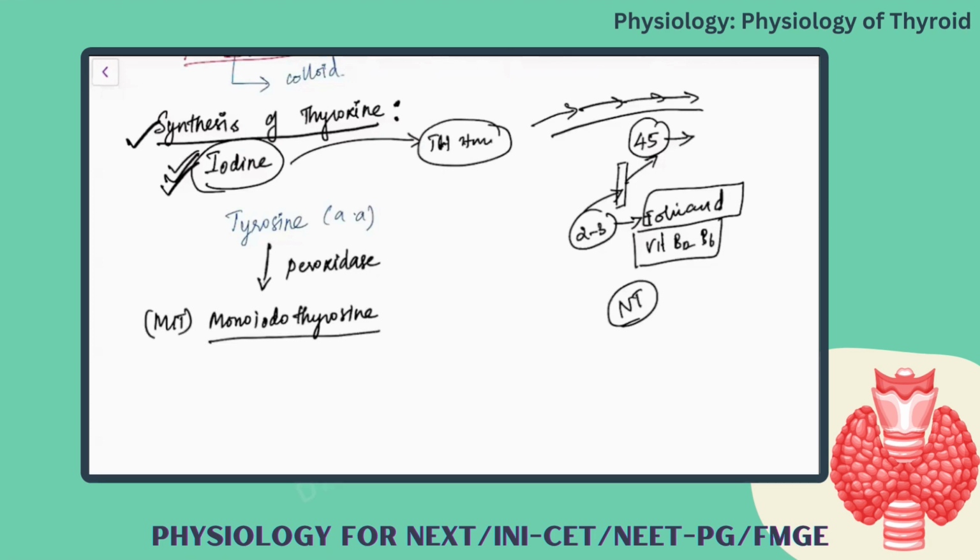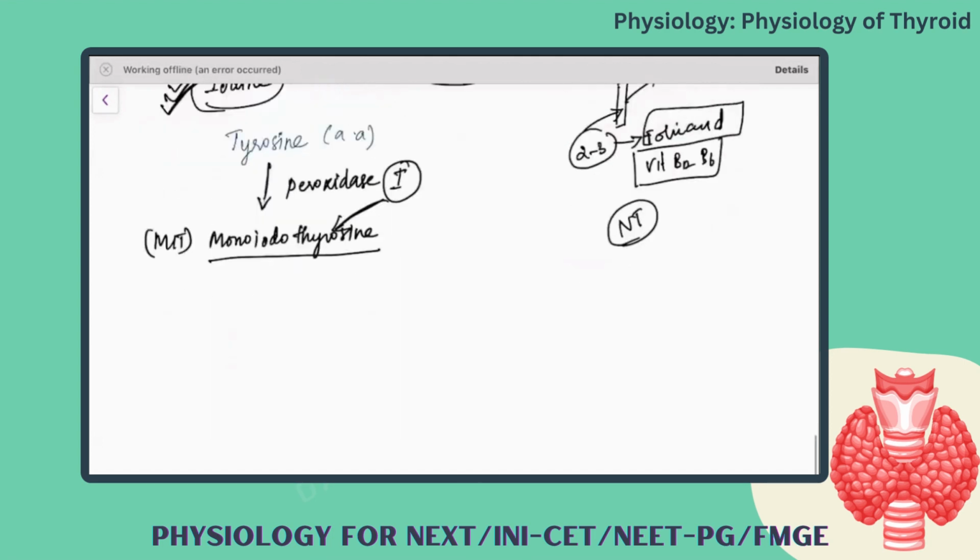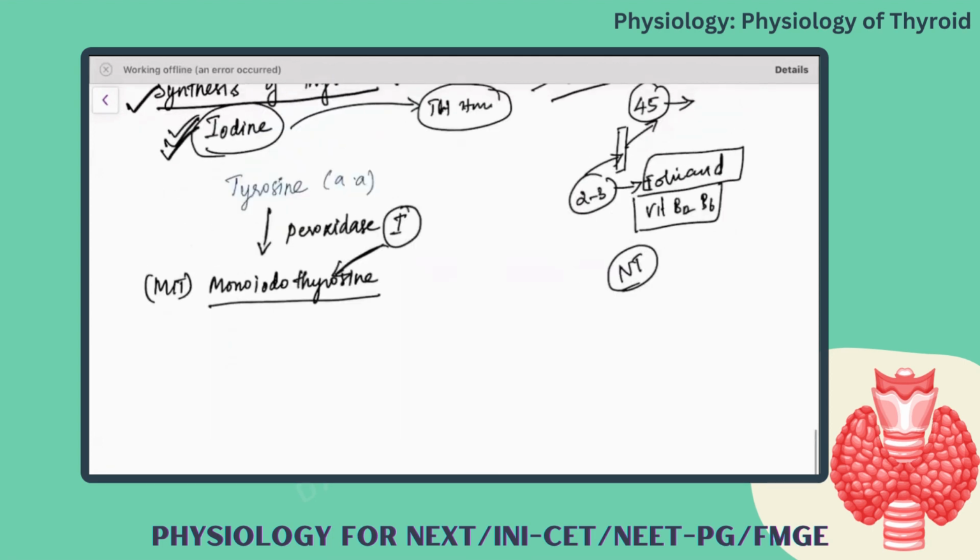So here a single molecule of iodine is trapped. If iodine is not present, if iodine deficiency is there, this monoiodotyrosine will not be formed. Because of that reason only we are considering iodine as a major source in thyroid hormone synthesis.